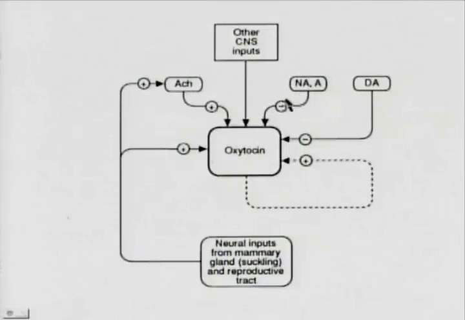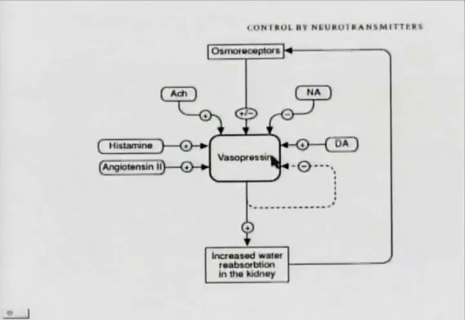Norepi and epi have an inhibitory effect. Dopamine also has an inhibitory effect, so the catecholamines collectively inhibit oxytocin release. And then there is the positive feedback of the oxytocin onto itself.